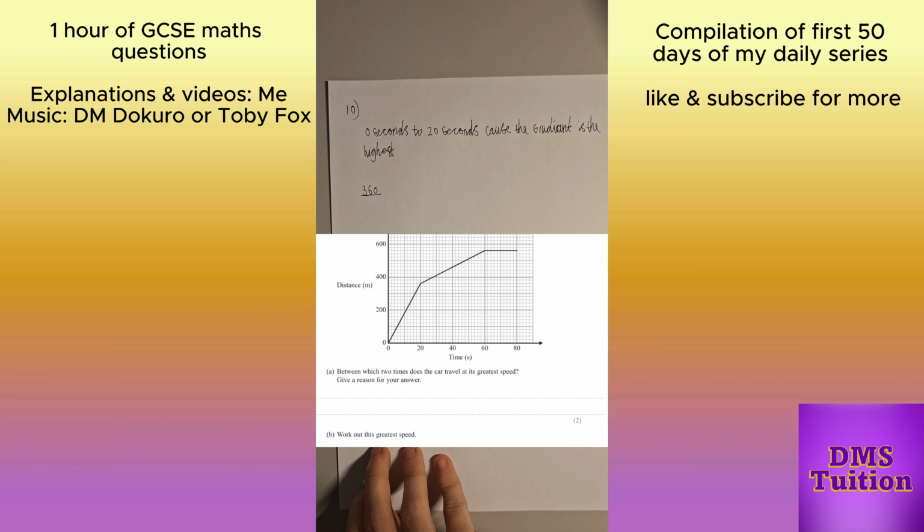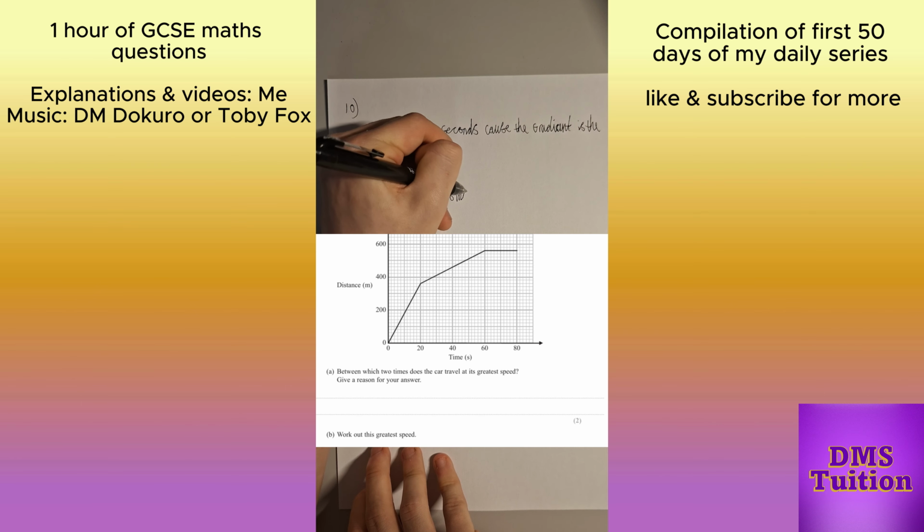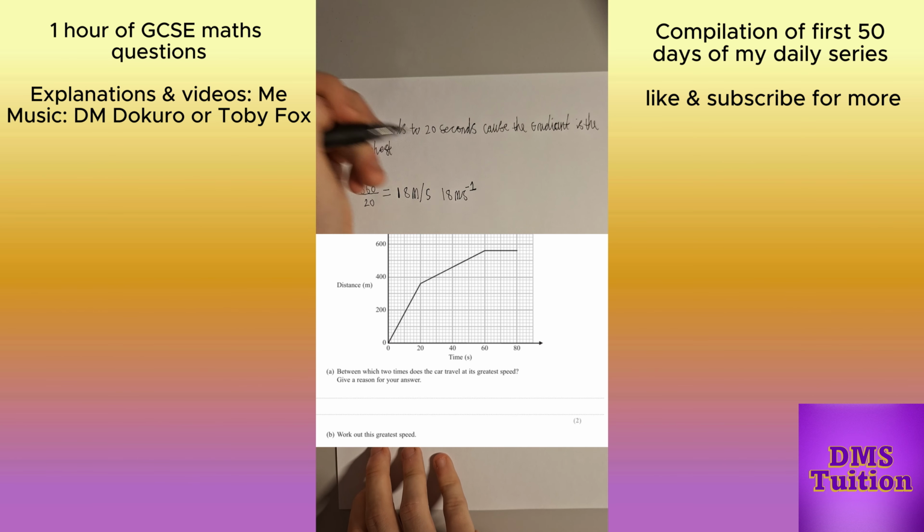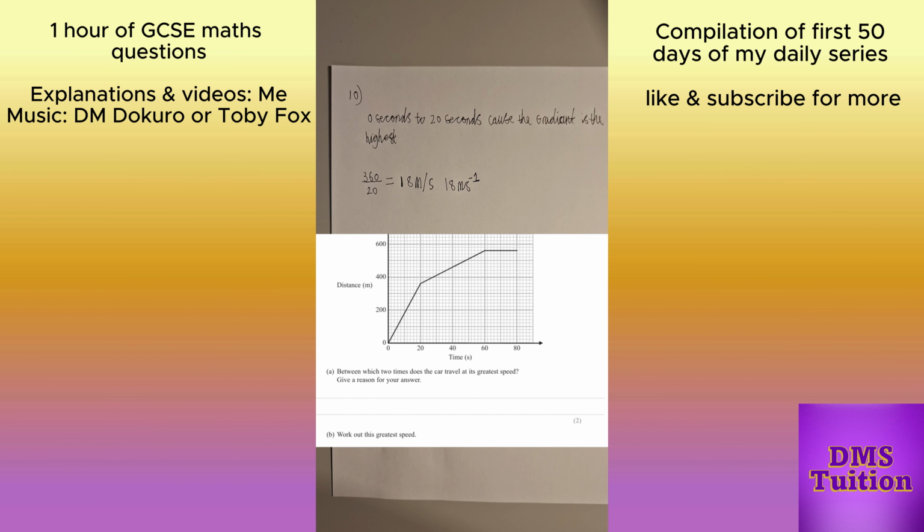And so instead of each small square being 10 meters, each small square is 20 meters. And then the time: 360 over 20, because the time is 20 seconds. So the greatest speed is 18 meters per second, or you may have been taught it as 18 meters second to the -1 if you're doing a lot of physics.